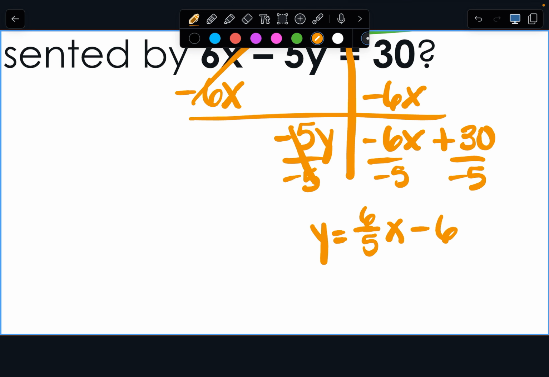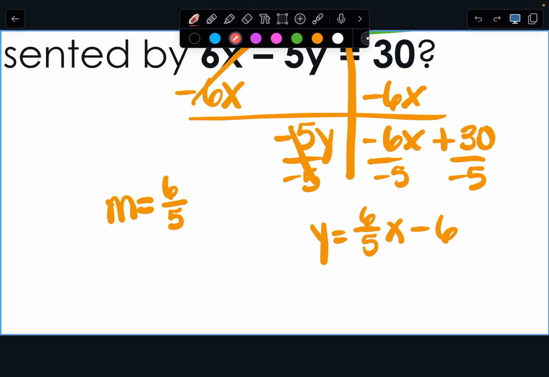Now, believe it or not, some students will solve it correctly all the way, but still give me the wrong slope. What is the slope? 6 over 5. The slope is not 6 over 5x. The slope is just 6 over 5.